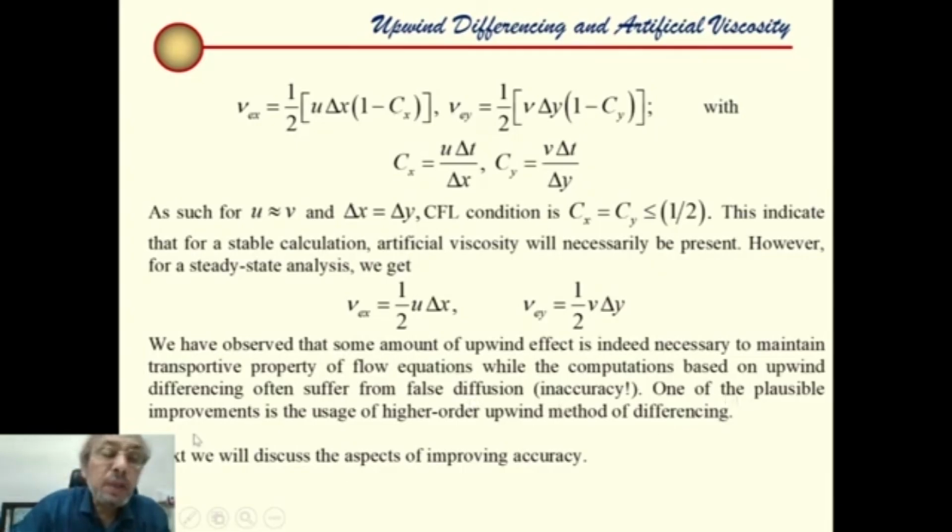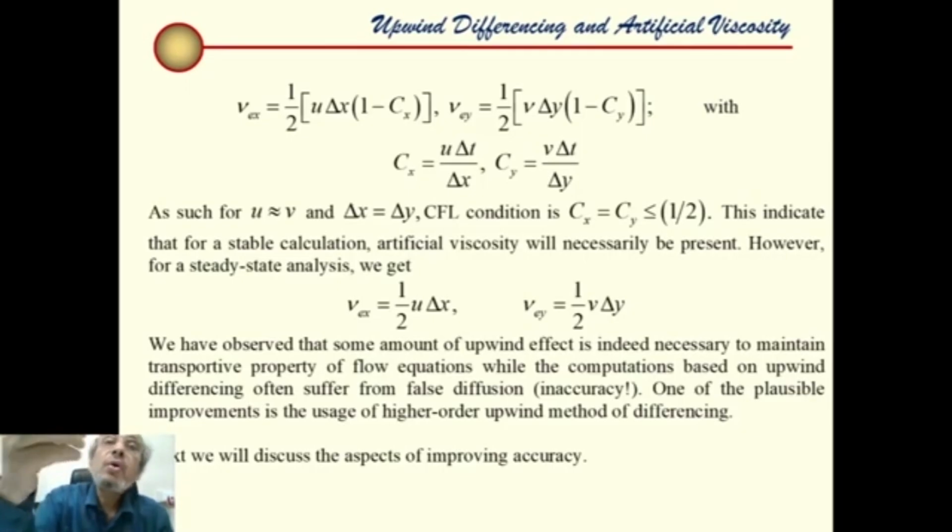One of the plausible improvements is the usage of a higher order upwind differencing method. So obviously we can see that transportive property is needed, and for transportive property upwinding is essential. But if we do upwinding, we introduce artificial viscosity or false diffusion.